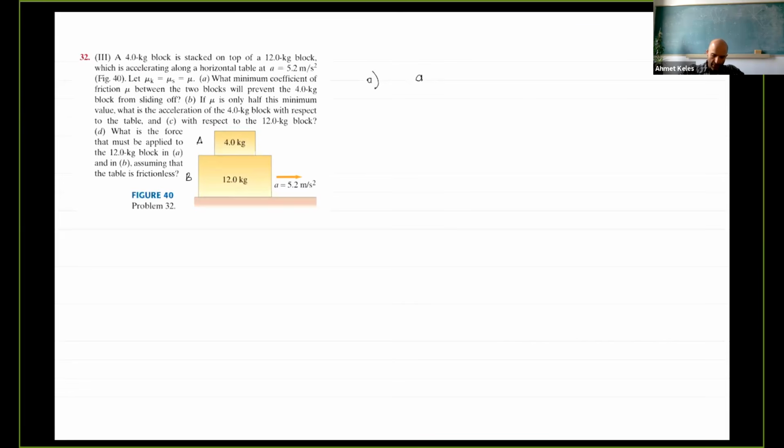So the acceleration of block A, and let's call this table T, which is fixed anyway, with respect to the table, should be equal to 5.2 meters per second squared, which is equal to the acceleration of block B with respect to T. If I get this condition, there will be no sliding. Any objections?